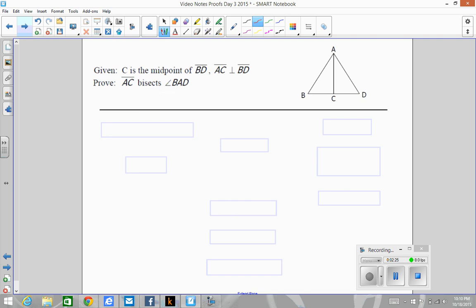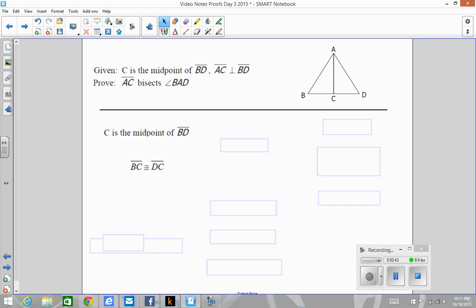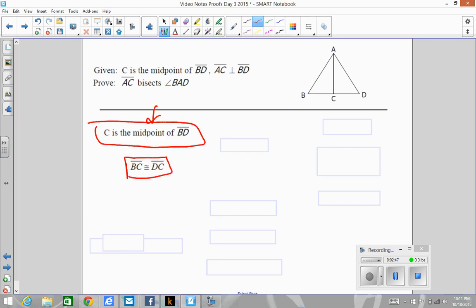Okay, so here's another one to pause. If you want to, pause the video, prove the triangles congruent, and then after that, I'll finish the proof up for you. Okay, so we have C as the midpoint, and by now you should be getting pretty familiar with those steps. And then a midpoint creates two congruent pieces.